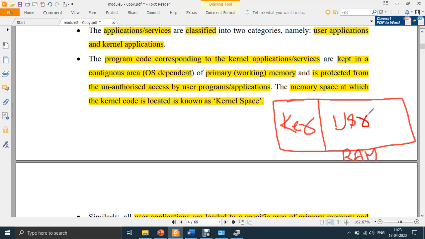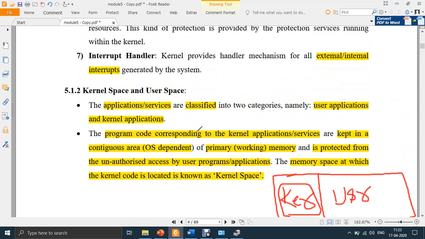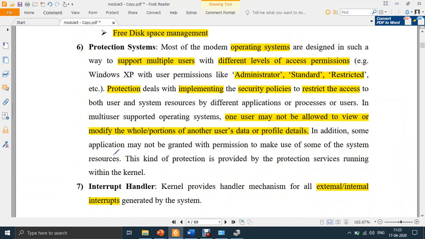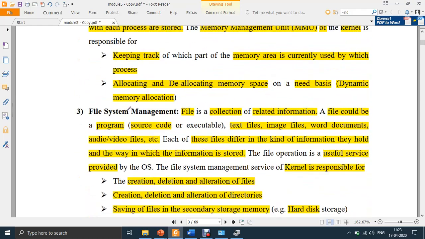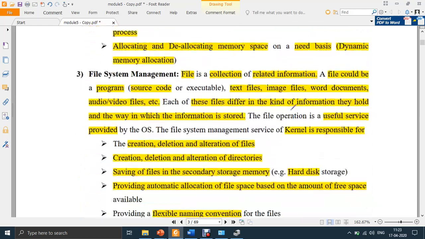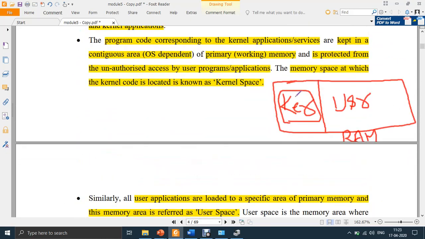The kernel space contains all the applications of the kernel: interrupt handler, protection system, secondary storage management, IO system management, file management, primary memory and process management. All these run in the kernel space. This is the part of the primary memory where the operating system files run, and it is not accessible by user applications. The user applications cannot access this space.